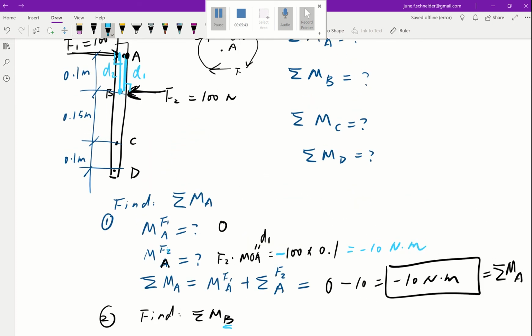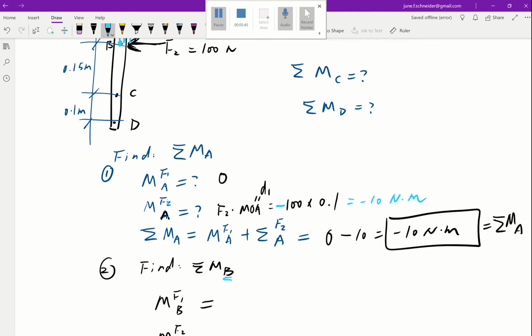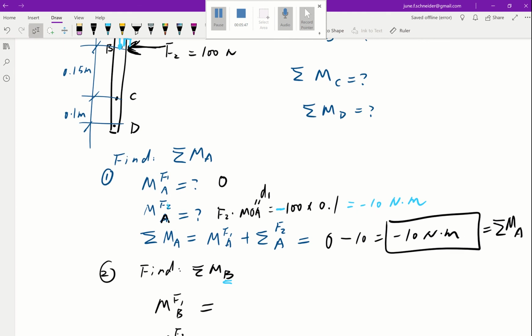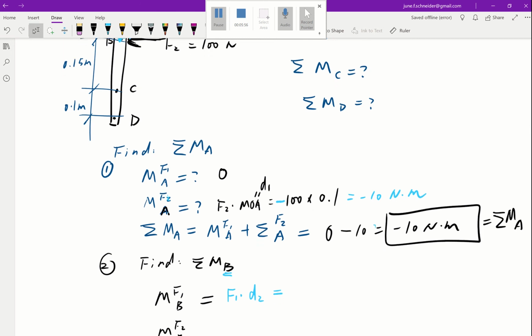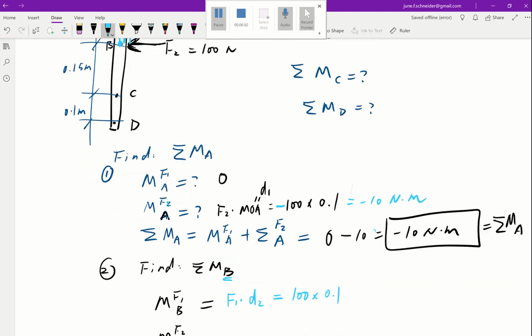That d2 is also 0.1, which is equal to d1. So that's going to be your F1 times d2. F1 is 100 Newton, and our d2 is also 0.1, right?